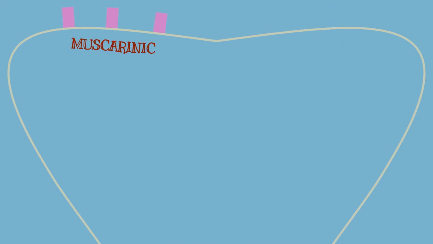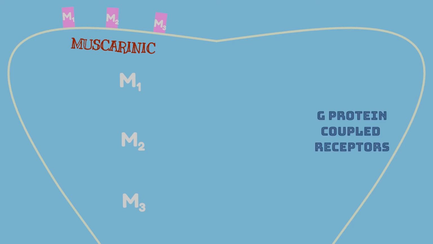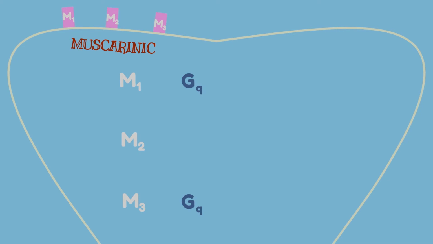The muscarinic receptors, as the name suggests, have a very high affinity to a compound called muscarine. The muscarinic receptors are mainly of 5 types: the M1, M2, M3, M4, and M5 receptors. Among them, the M1, M2, and M3 are the most important ones. These are G protein coupled receptors, and among them, the M1 and M3 receptors are Gq type, and the M2 receptors are Gi type.